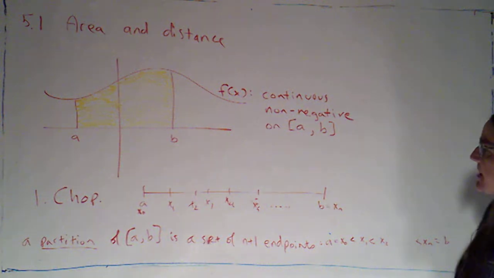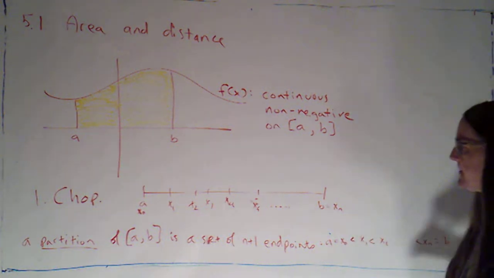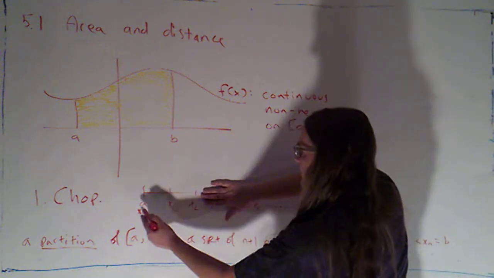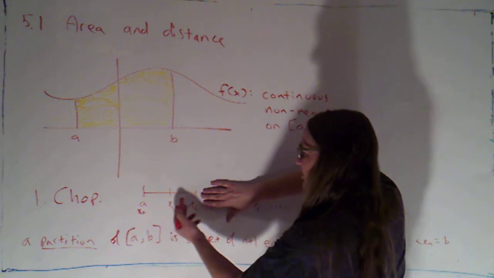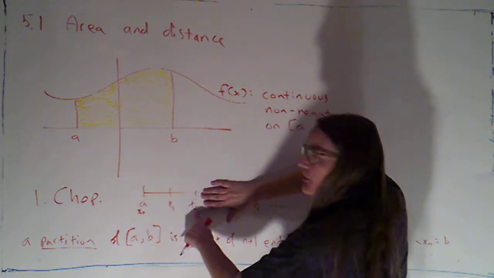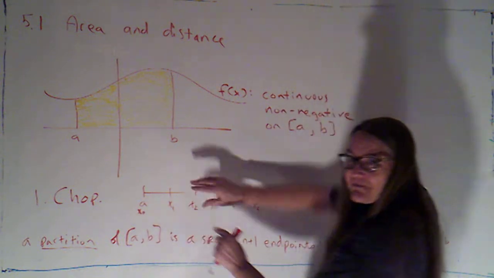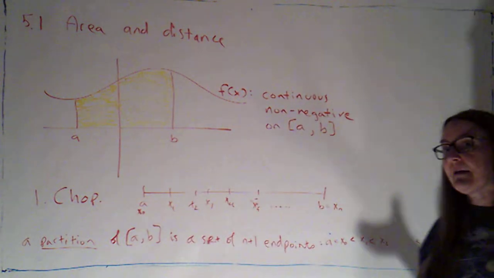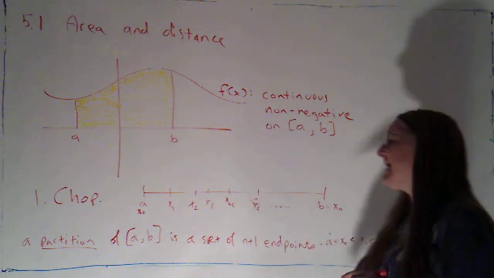But that actually breaks this interval into n subintervals. If I just take a look here, going from x0 to x2, I can see that's 2 subintervals. But I have 1, 2, 3 endpoints because I have the left endpoint and then the 2 right endpoints. Okay. So if I want to break things up into n pieces, I will have n plus 1 endpoints.